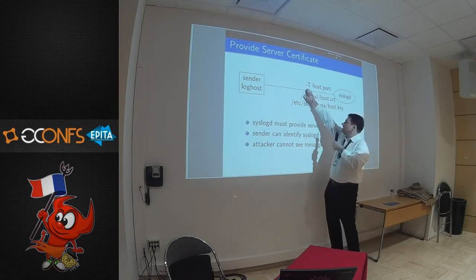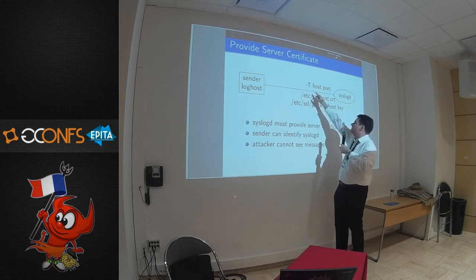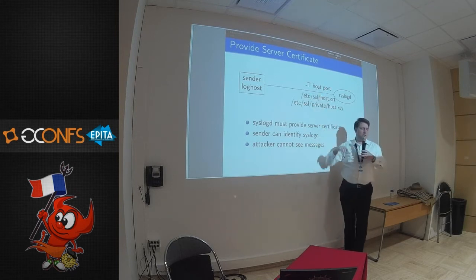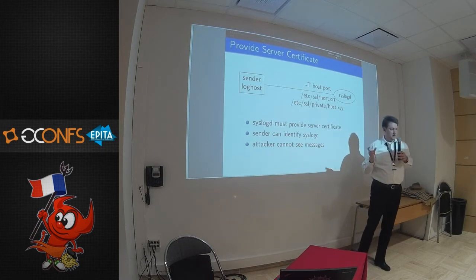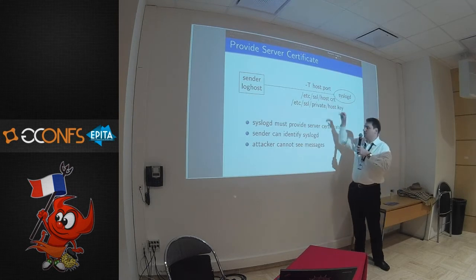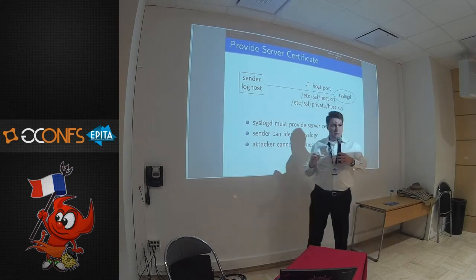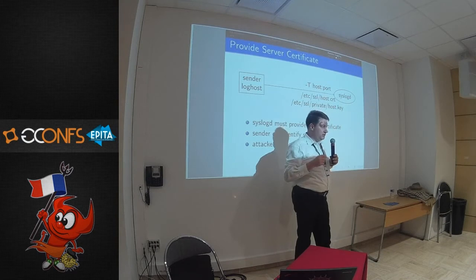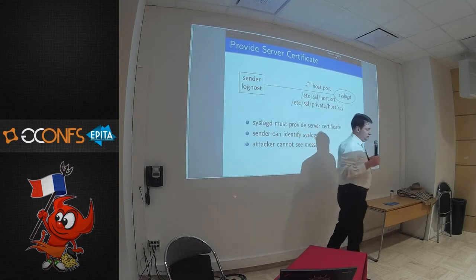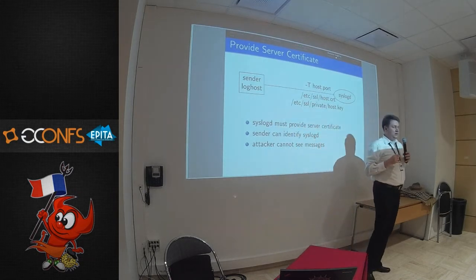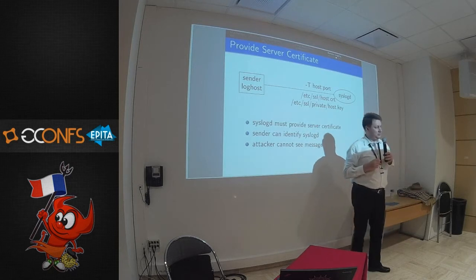You put a -T here, and you say the host, that's an IP address, where you want to listen. You can also say 0.0.0.0 to listen on a star socket. You put a port; if you leave it out, the TLS port is 6514. We also have 514 for UDP, and there's no well-known port for TCP because the 514 TCP port has been used by some remote shell, an old Unix tool.